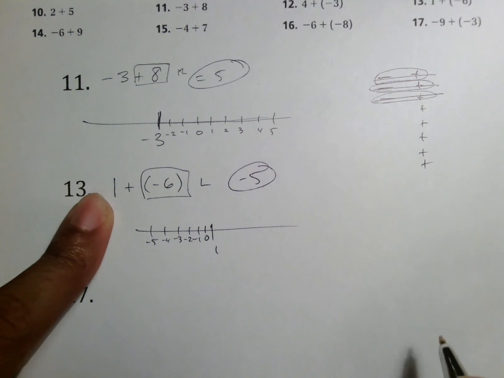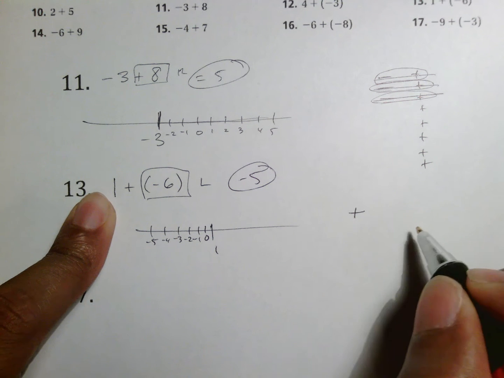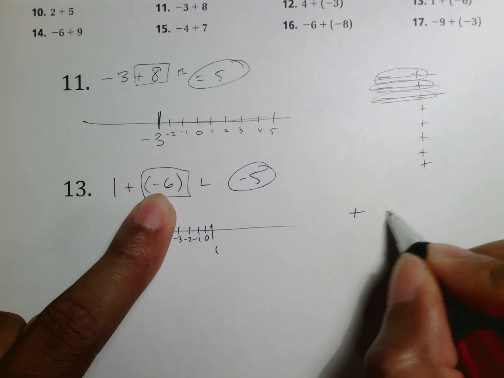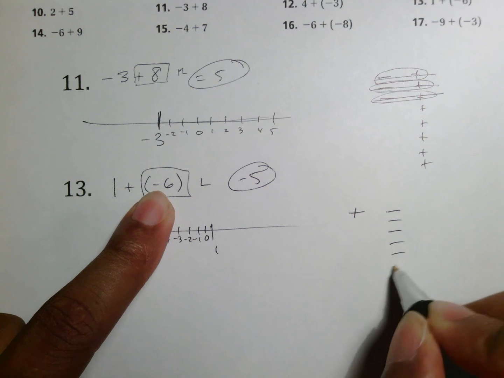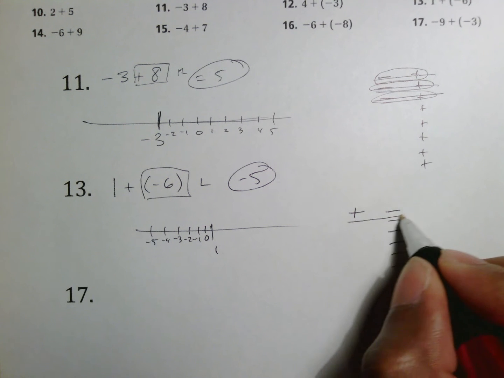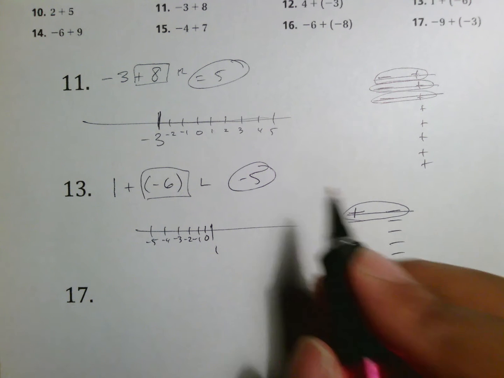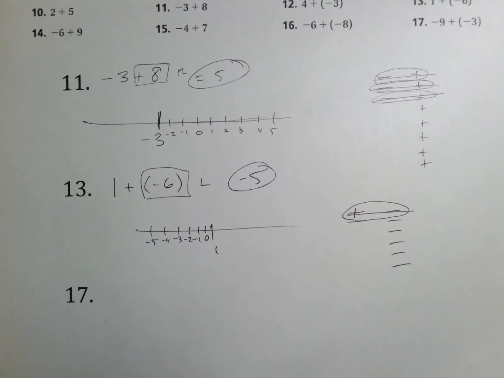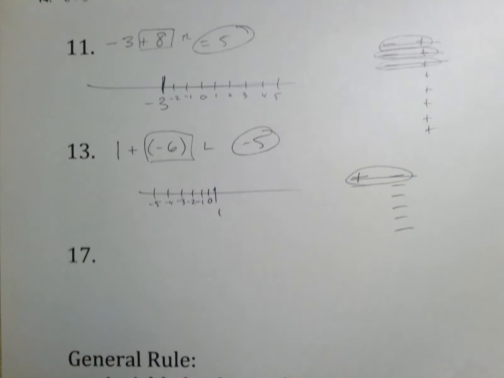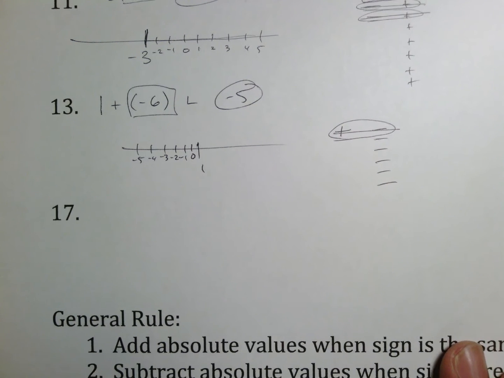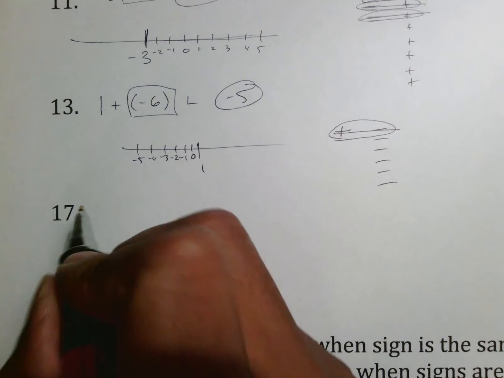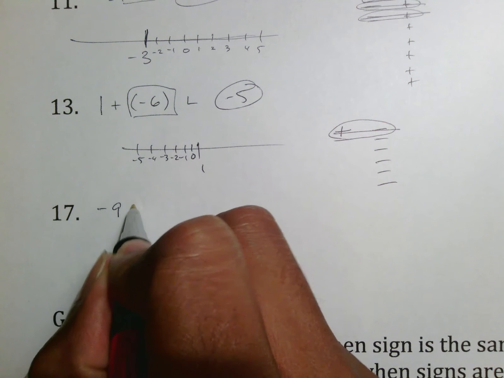Using negatives and positives, this would represent a positive 1, or 1 positive. This would represent 1, 2, 3, 4, 5, 6 negatives. Positive and negative cancel out. 1, 2, 3, 4, 5 negatives left over, which you see represented here. It does not matter which one you pick, just try to find some way that gets the job done for you so you understand what happens with negatives and positives.